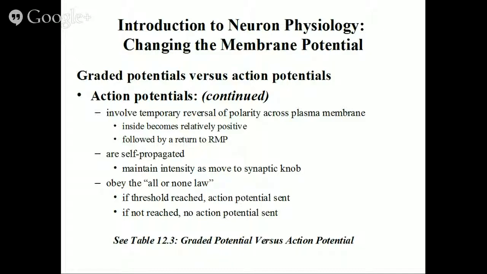And you have to understand that there is a law that you've got to follow in the midst of all this. It is known as the all or none law, which states that if threshold is reached, the action potential can be sent. Plain and simple. You don't meet the threshold, you don't get an action potential. So resting potential is at -70.